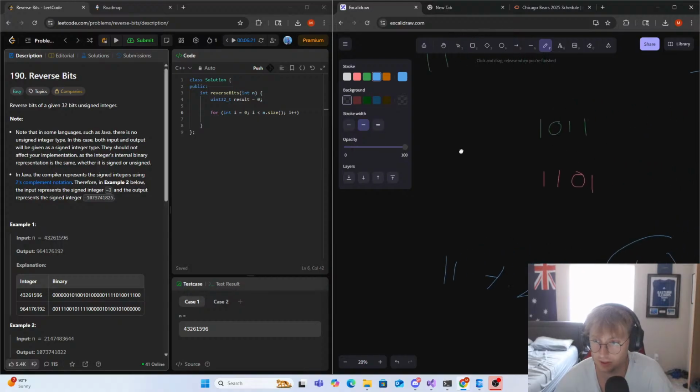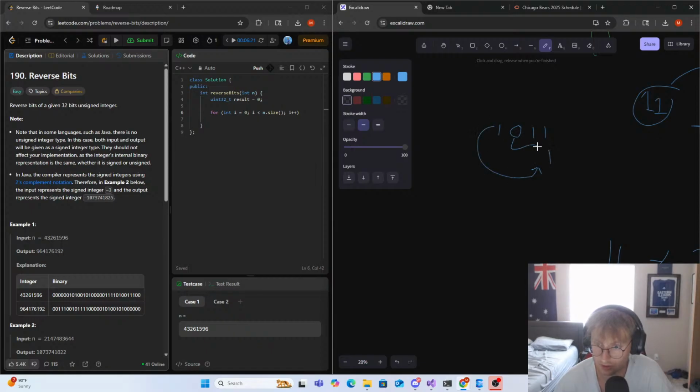Maybe I can explain it here, right? So this is represented as 11, that's the base case here. This is 11 in binary, right? So we want to reverse this. We have 1011. If we want to reverse this, we move this 1 to the front, so 1 here.